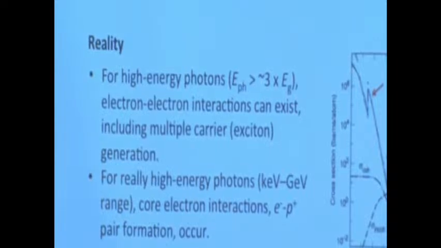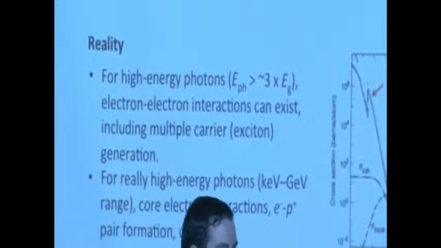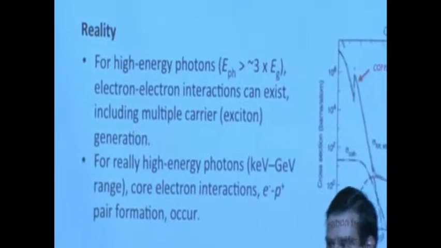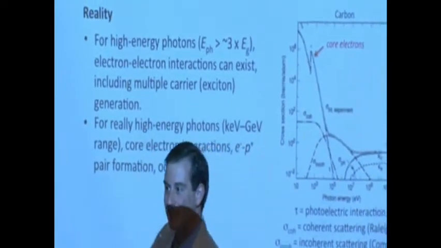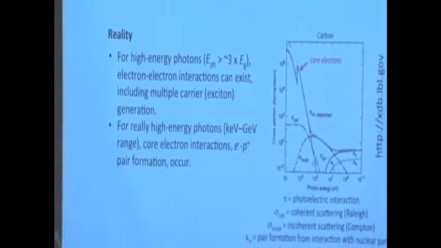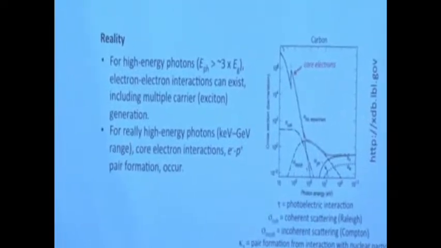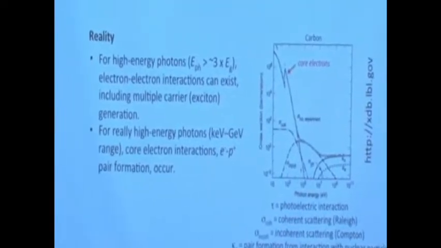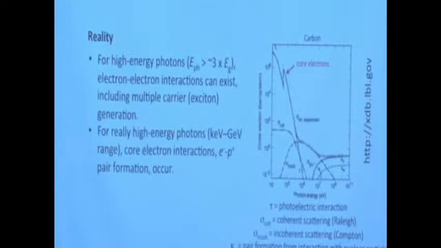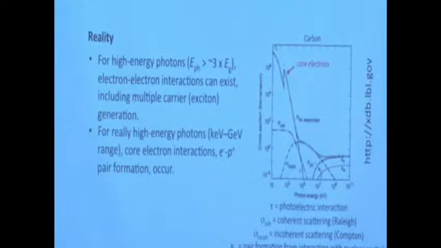If you have a 10 kiloelectron volt, so 10,000 eV X-ray incident on a piece of silicon, you will generate approximately 3,000 electron hole pairs with that one X-ray, because that one X-ray is going to take an electron and excite it to a very highly excited state, and that's going to excite further electrons across the band gap as that photoexcited carrier decays, as it loses its energy and settles at the conduction band minimum.